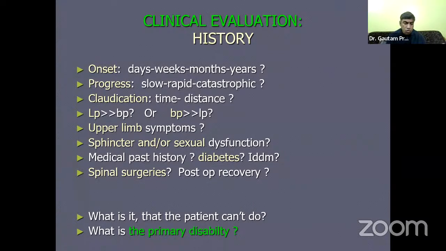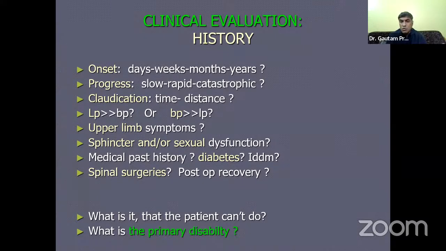So for a patient who has been an athlete and is now able to walk only 1 kilometer, that 1 kilometer distance is actually a disability, because he was earlier walking or running 10 or 12 kilometers at a stretch.